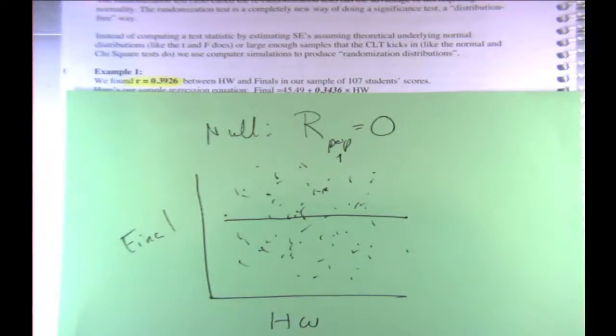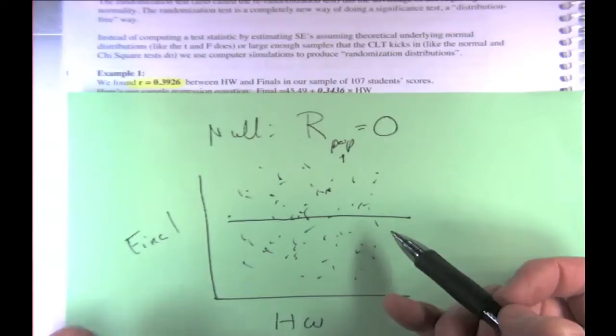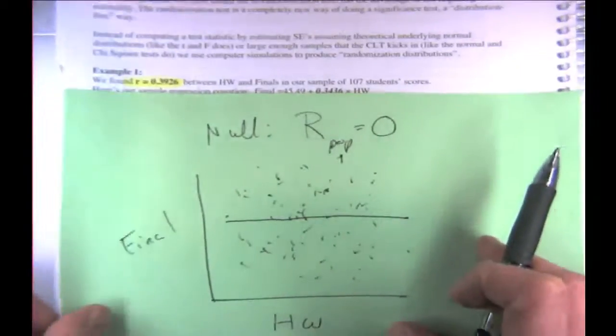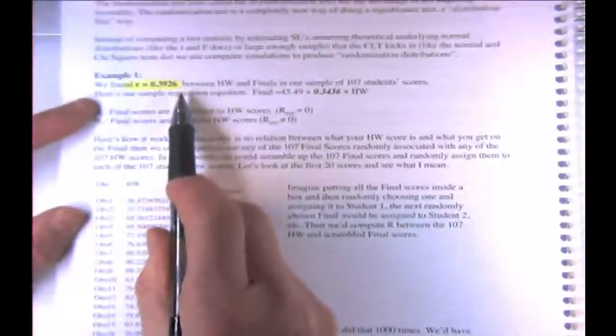So there's another way we can visualize it, and that is actually creating our own experimental random draws. What does that mean? It means that, just by the luck of the draw, what's the chance that we would see this strong a correlation?